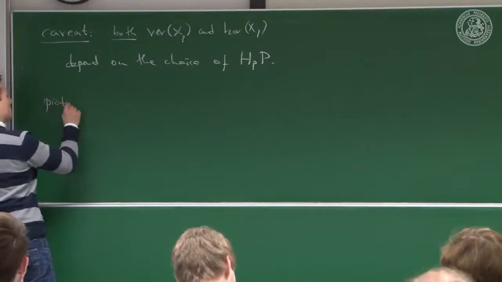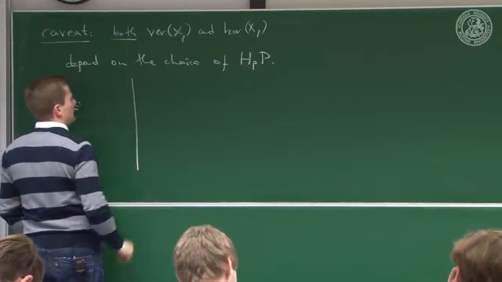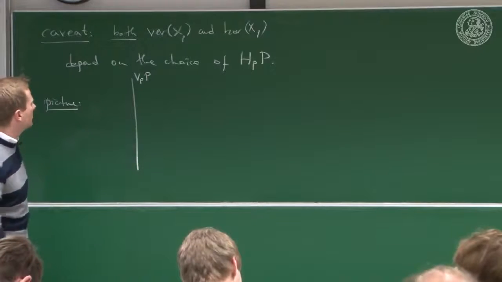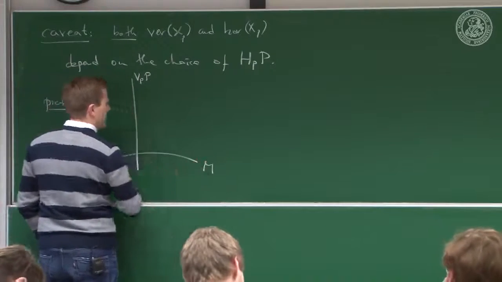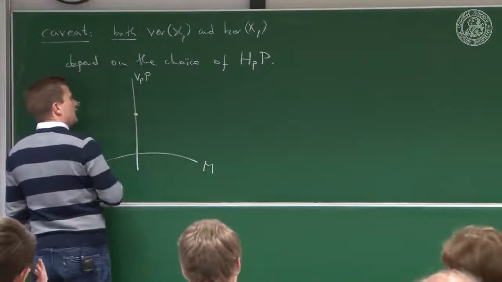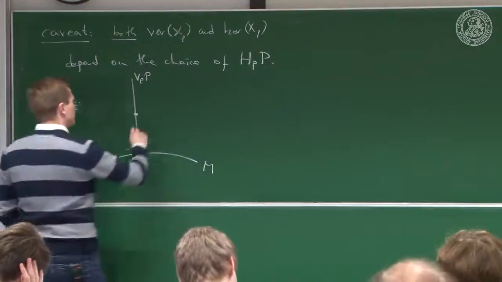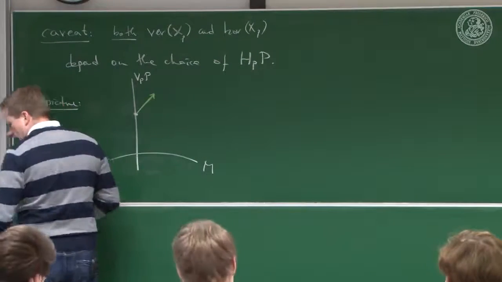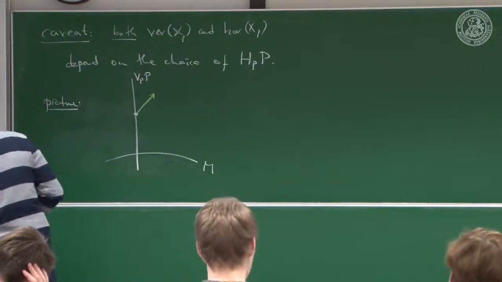Again, it's best shown in a picture. So say you have this subspace, which is the vertical one, which is defined canonically on a principal fiber bundle. But now, so there's the M down here. But now you're at the point P here, and let's say we look at this vector here. Now, say my choice of horizontal subspace is this one.